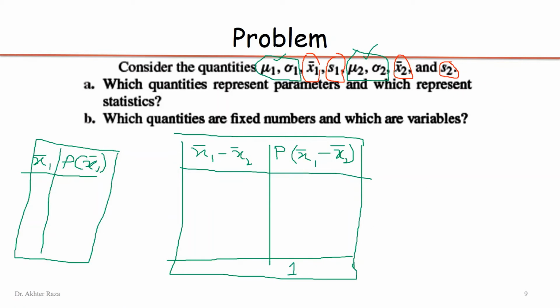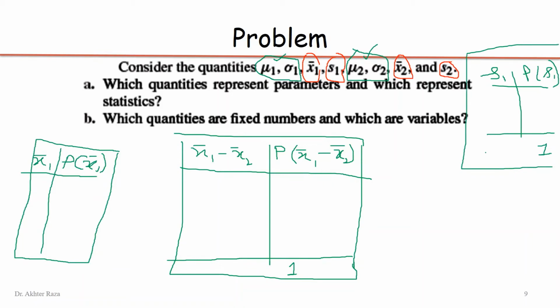Similarly, if I am interested in the sampling distribution of S1, I have a table like this. This is the standard deviation of the first sample and the probability of S1. And the total should be 1. This is known as the sampling distribution of the sample standard deviation.